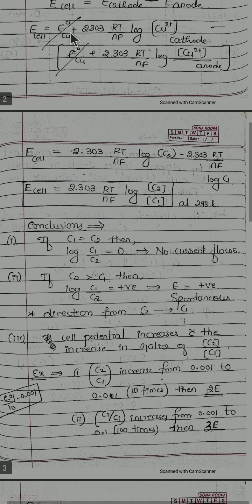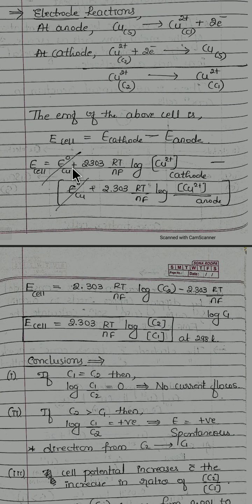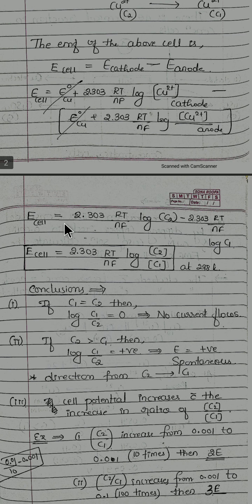One more thing: E naught of copper is the same for both sides. One is in a positive term and the other in a negative term, so they cancel each other. Now you are left with 2.303 RT by NF log, where the cathode concentration is C2 and the anode concentration is C1.